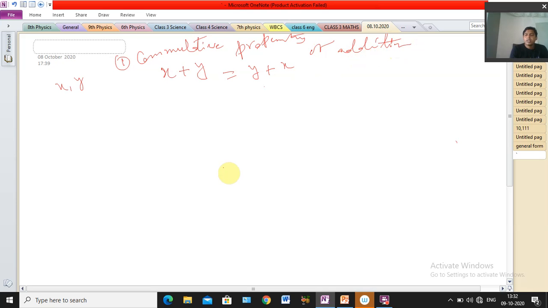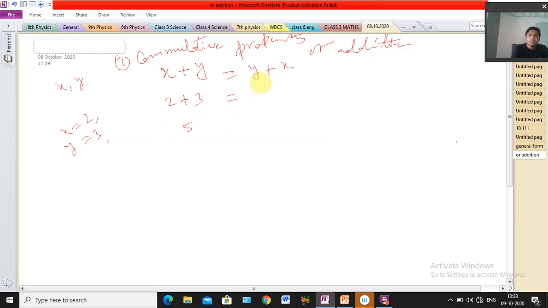If we take one example like that, if we put the value of x and y, suppose x equals 2, y equals 3. This is the left hand side and that is the right hand side. In the left hand side we will get 2 plus 3, that means we are getting 5.